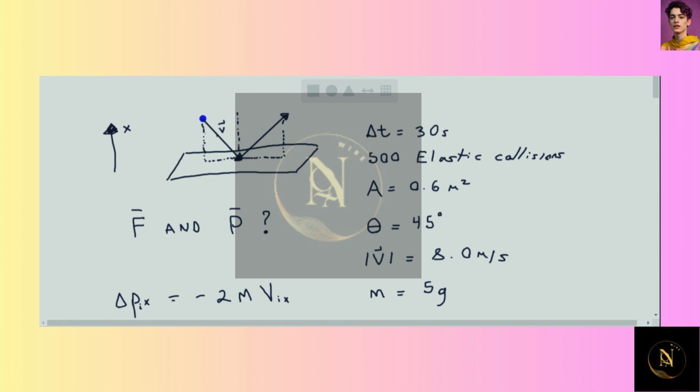Okay, so the x component is going to be this guy right here, which is just going to be related to the magnitude of v by the cosine of the angle there, which is 45.